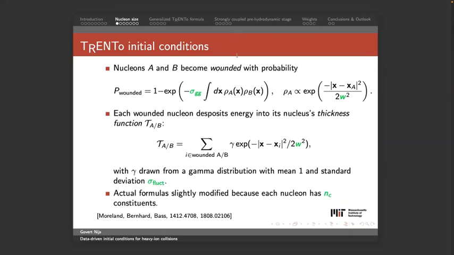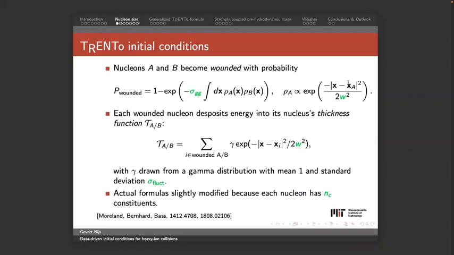When you start Trento, you start with nucleons which have certain locations. For example, in nucleus A, let's call this nucleon A. It comes from nucleus A. You have a nucleon A at this location, and then similarly for nucleus B. For the purposes of this talk, I won't go into where those positions come from.